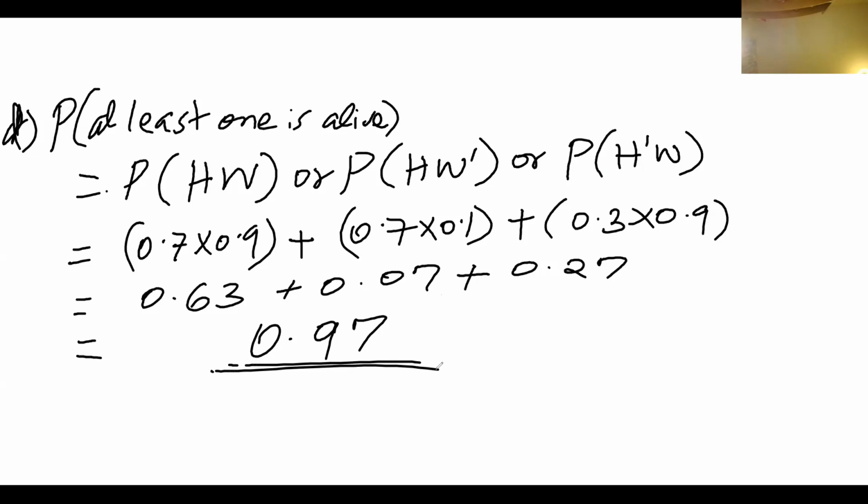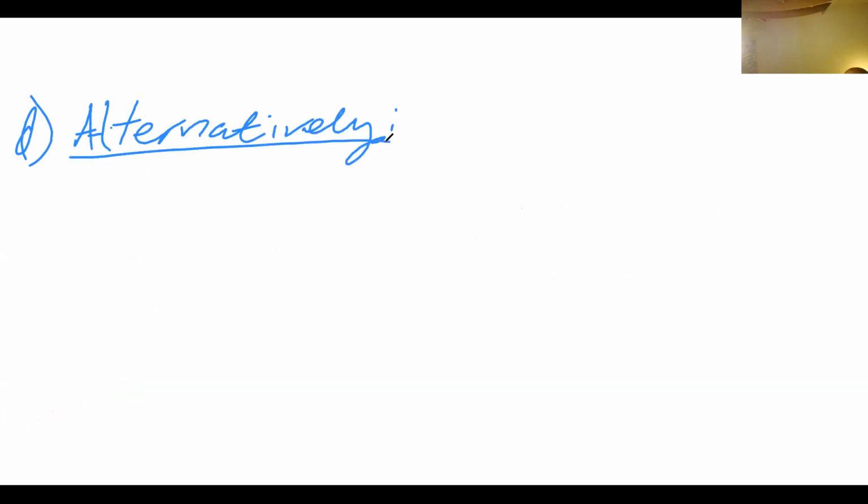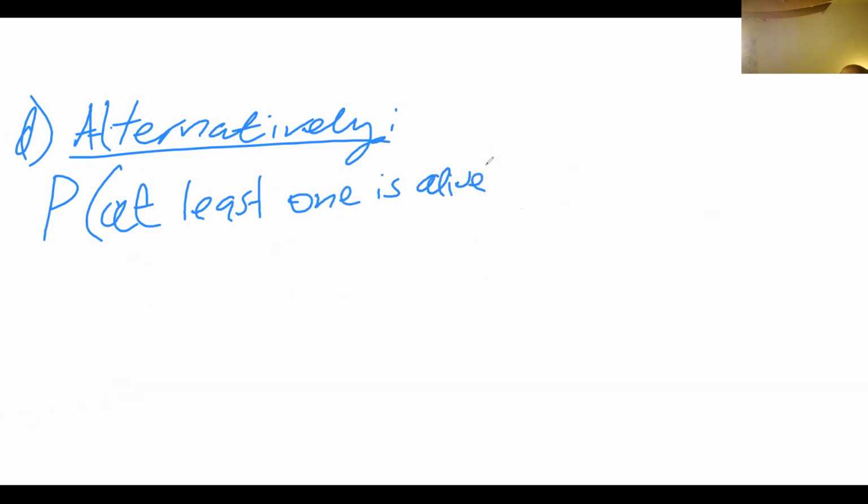So alternatively, you can do this for D. The probability that at least one is alive is equal to 1 minus... So at least one is alive.